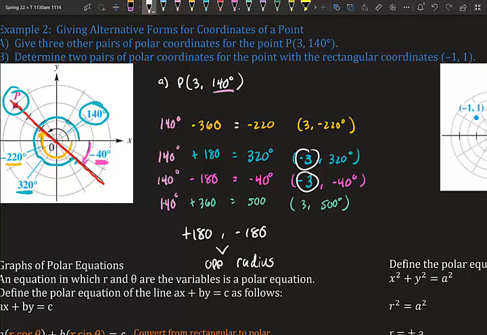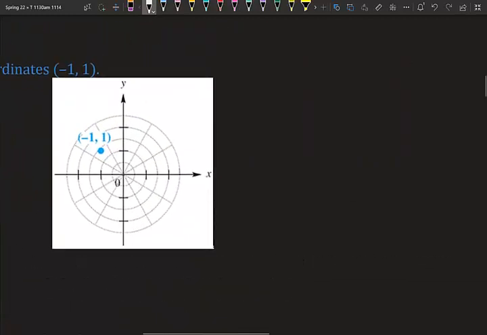So part A, we found polar coordinate points. Part B, we're going to find polar to rectangular. So we're given rectangular. We want to find the polar coordinate points of this, 2 of them. All right, so let's really figure out what we have. Negative 1, 1, well, that's in Q2.